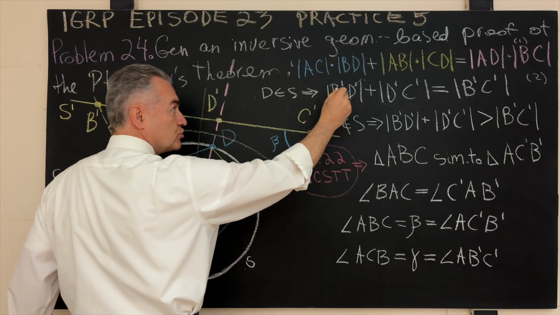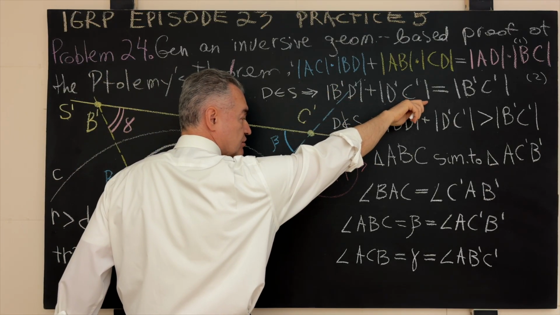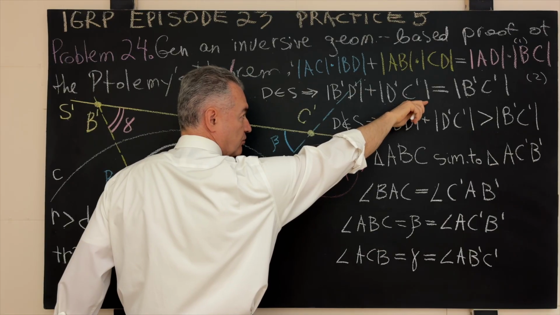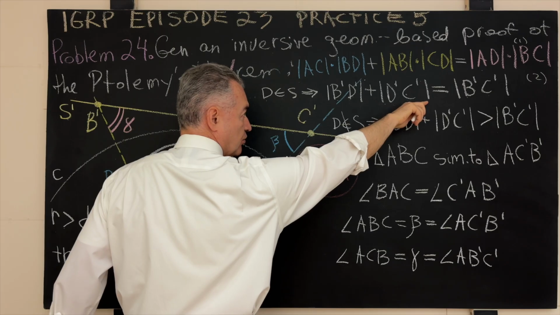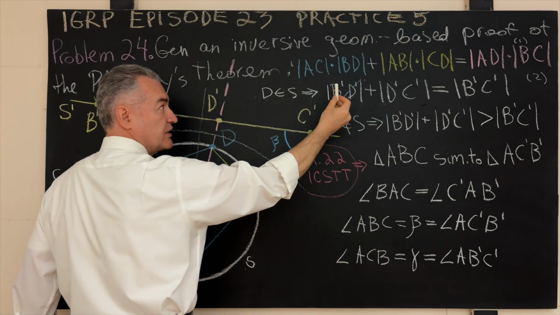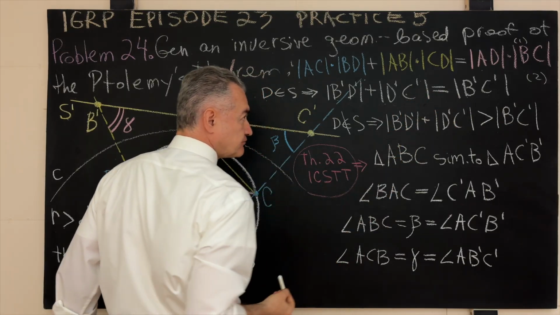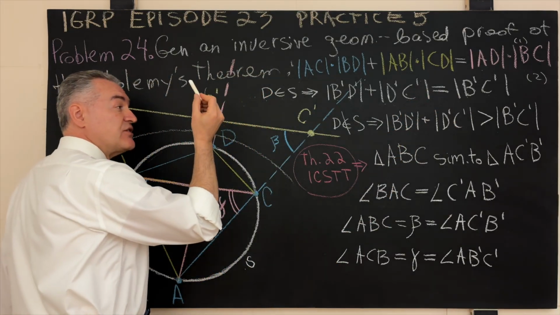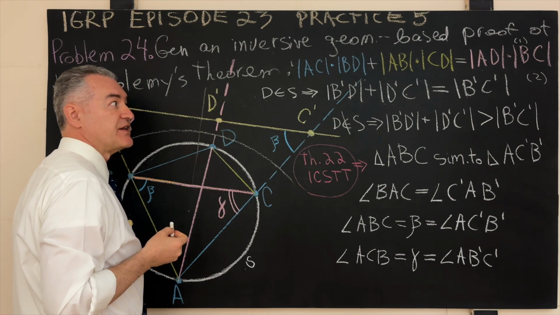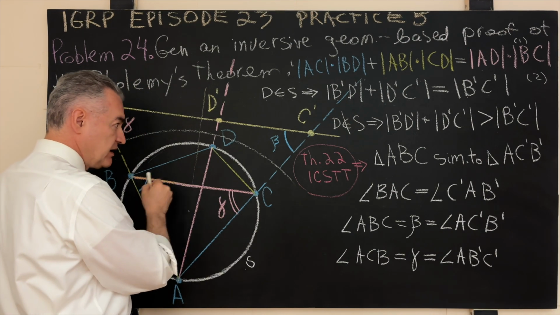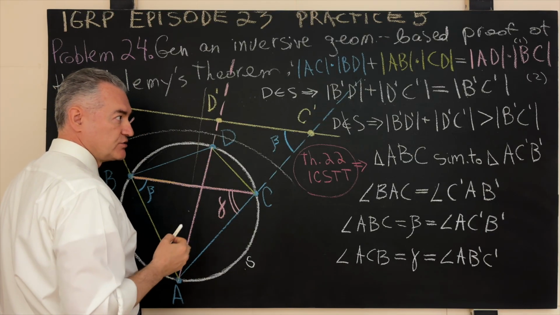But now we want to rewrite this relation, the childish relation that we constructed based on a successful inversion, in such a way that we get rid of all the primed characters in that relation, and we replace the primed characters with their non-primed versions, B, D, C, and A. That's the tactical idea. That is all there is to it.